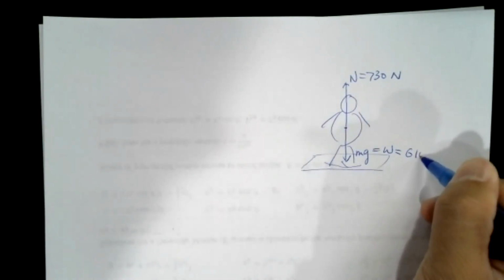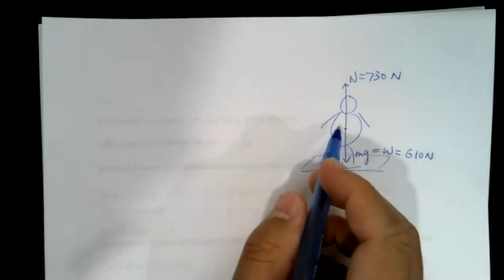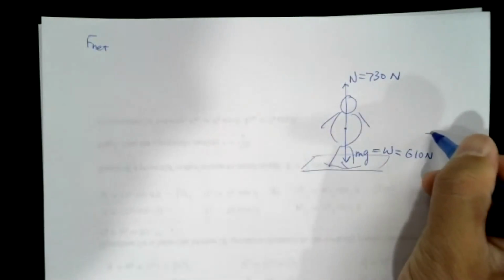So similarly, there will be two forces on your free body diagram, okay? The dot represents the object of interest, and then two forces there. This is your normal weight, mg, it's 610 newtons, okay? So you are given two forces, 730 and 610. Now if you look at the free body diagram, the net force will be just in the y direction, okay?